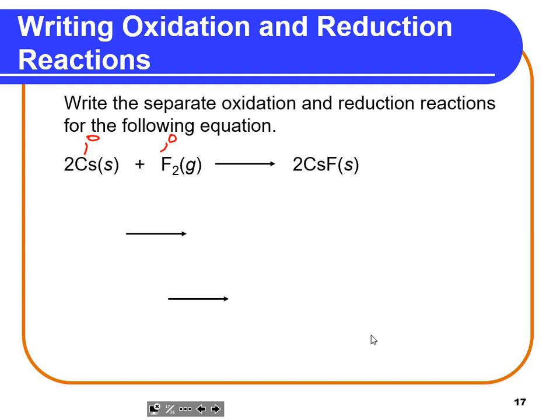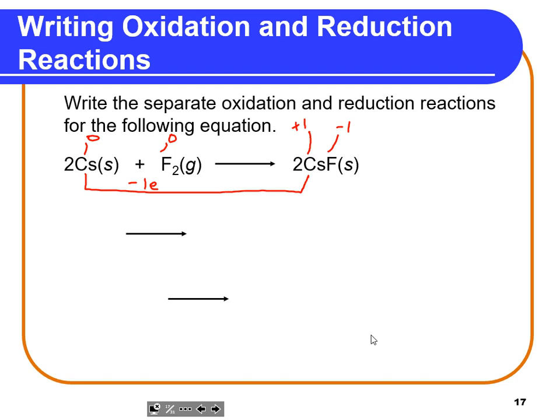Over here, I see a -1. Cesium is going to be a +1. So as I am looking at that, if I connect my cesiums here, what I am seeing is that cesium is losing 1 electron.